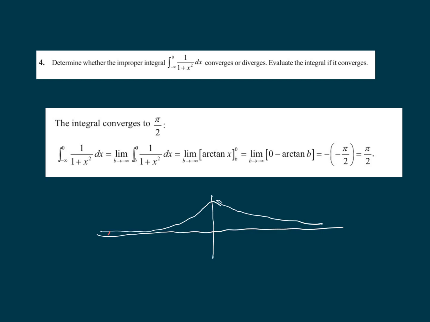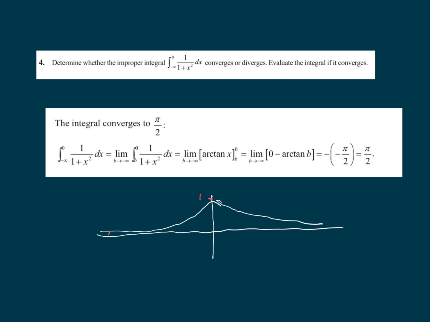Now problem 4 says, determine whether the improper integral from minus infinity to 0 of the function 1 divided by 1 plus x squared dx converges or diverges. This function, 1 divided by 1 plus x squared, when x equals 0 has the value 1.